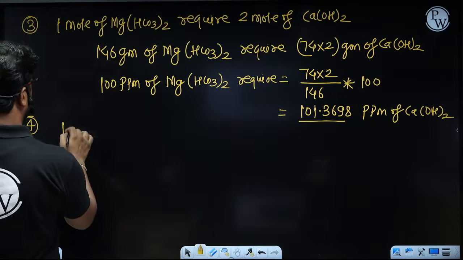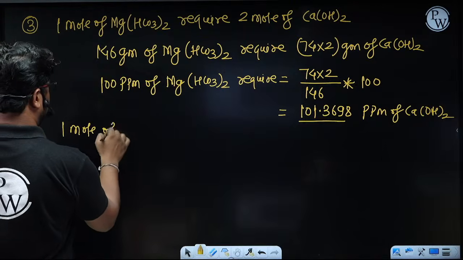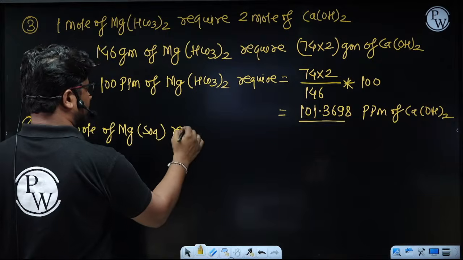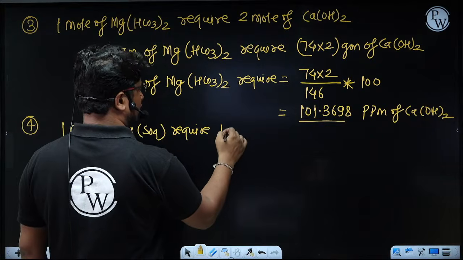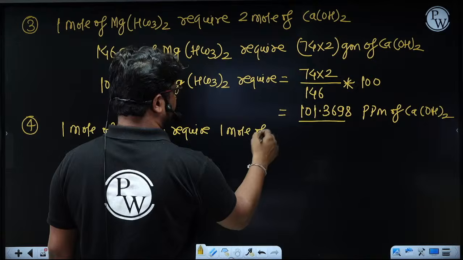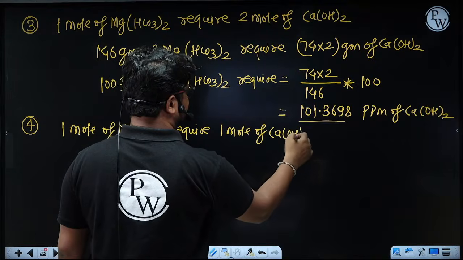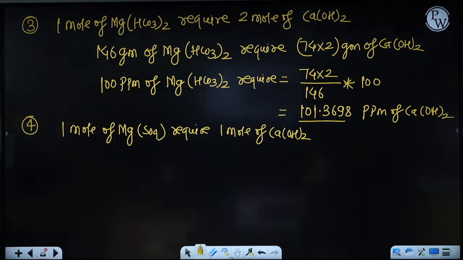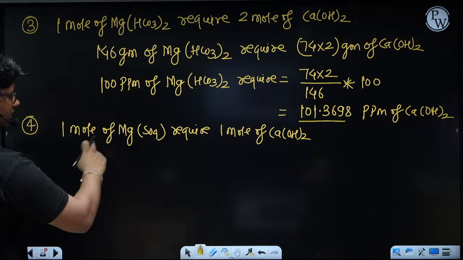So 1 mole of MgSO4 requires 1 mole of Ca(OH)2. So MgSO4, how much will it be? Around 120.